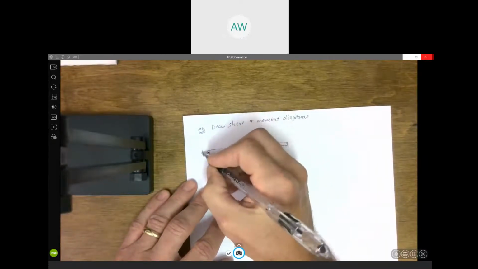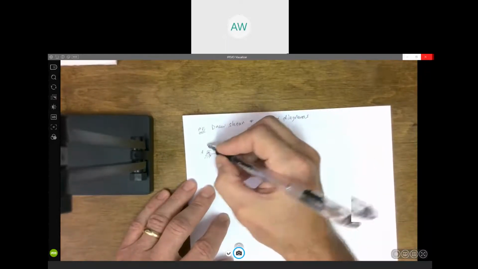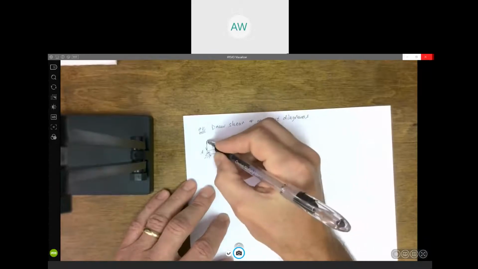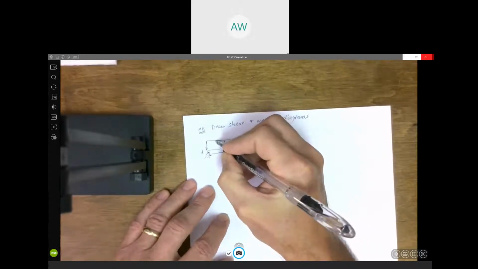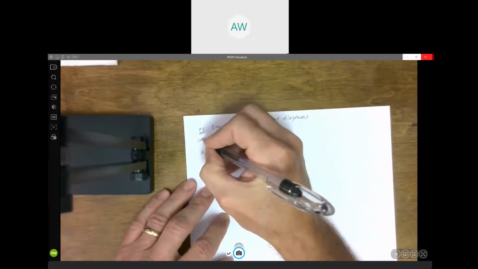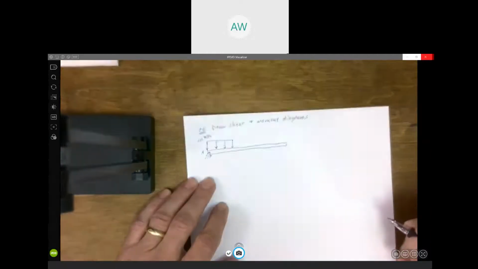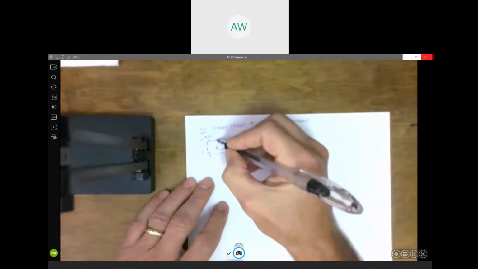Got a pin support at this end. We've got a distributed load, 120 pounds per foot. And it's constant. Mine looks like it's kind of sloping down there, but it's supposed to go straight across here.